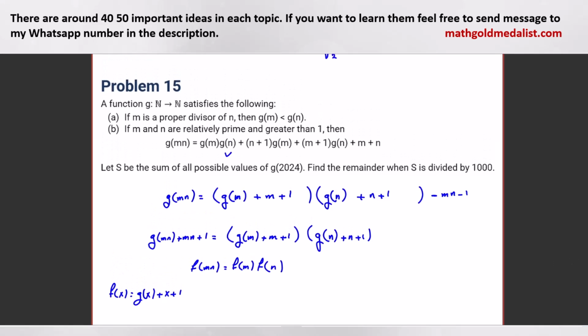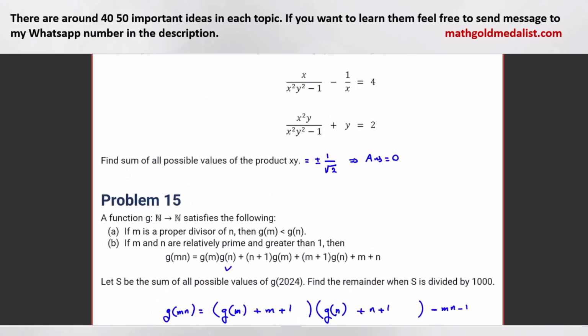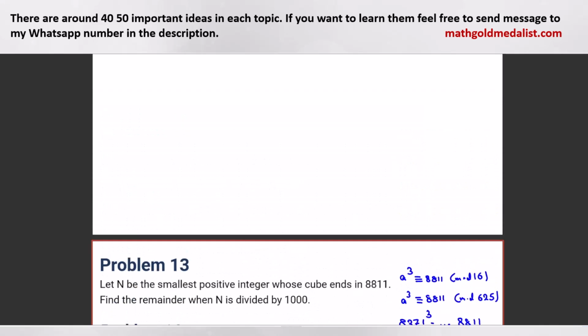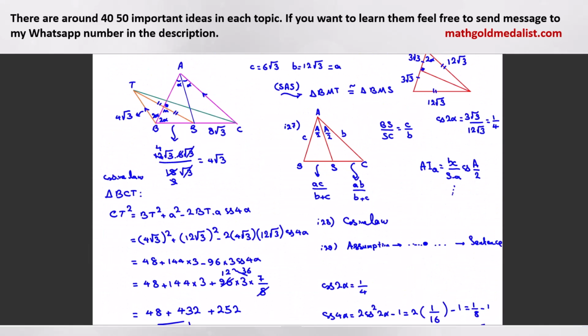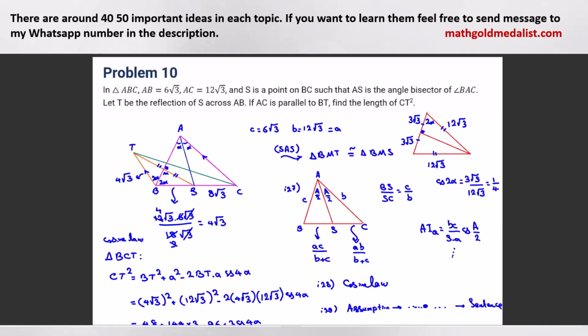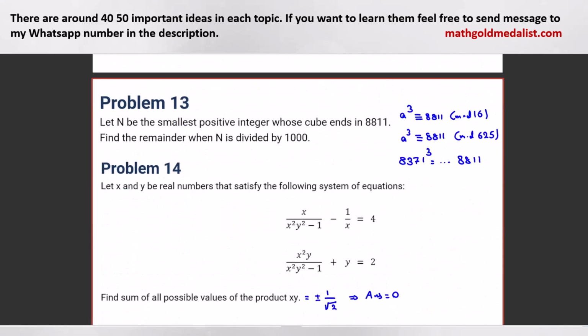So I solved 1 to 10 completely. For 1 to 15, I told you some final answers and some hints. As I said before, if you want to learn important ideas, let me tell you: this was an idea, ideas 27, 28, 29, and this is idea 30.